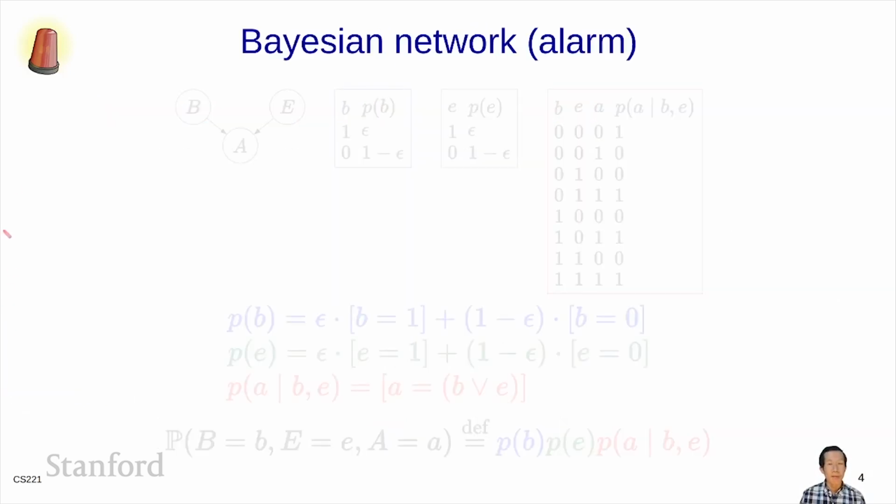Now let us define the Bayesian network completely. There are 4 steps to defining a Bayesian network. First, let's figure out what the variables are: whether there's a burglary, B, whether there's an earthquake, E, and whether the alarm went off or not, A. Second, we model the dependencies between these variables using directed arrows.